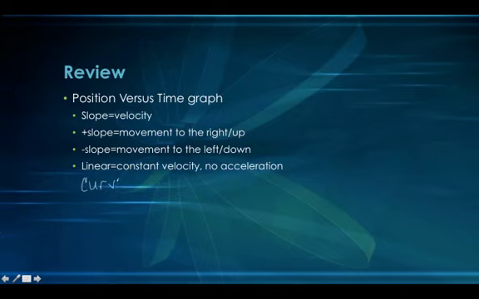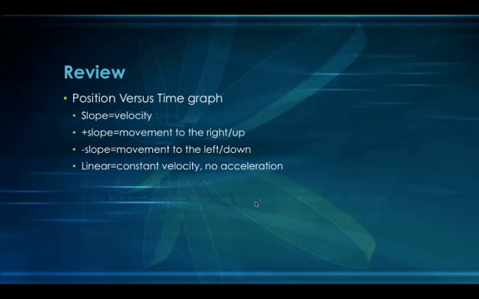If you have a curved line, that means your velocity is not constant. Okay? No constant velocity. So that means your velocity is either increasing or decreasing, which means you do have acceleration. There is acceleration in the object.